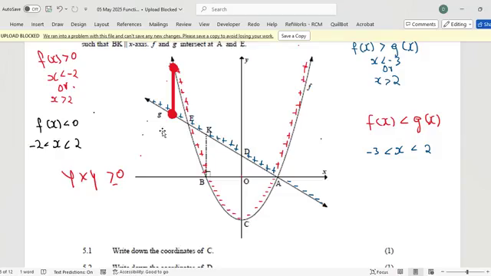Someone answer me. Am I going to get a positive number or a negative number? A positive number. Why am I going to get a positive number? Because a positive number multiplied by a positive number, the answer is positive.